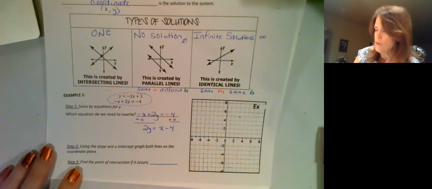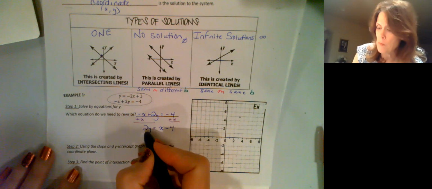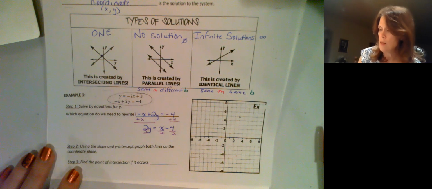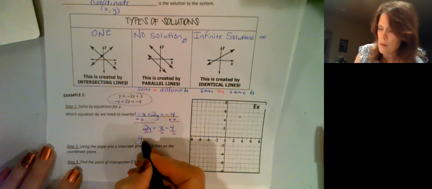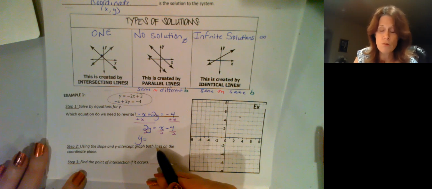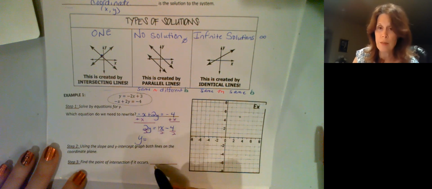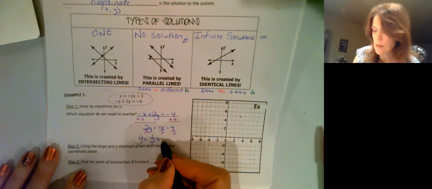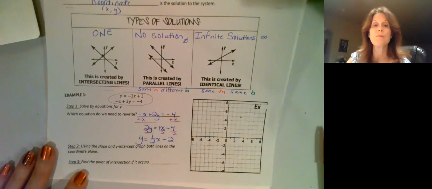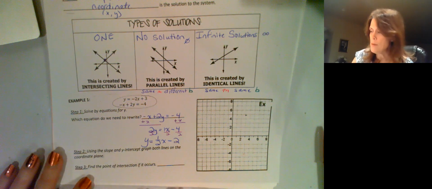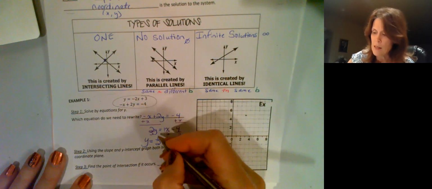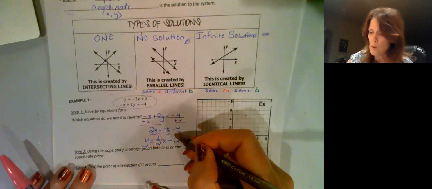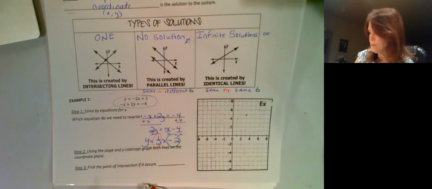And divide by 2. Every term gets divided by 2. And now we are at y equals x divided by 2, or 1x divided by 2, or 1/2 x minus 2. So I'm able to identify my slope, right, and my y-intercept here.